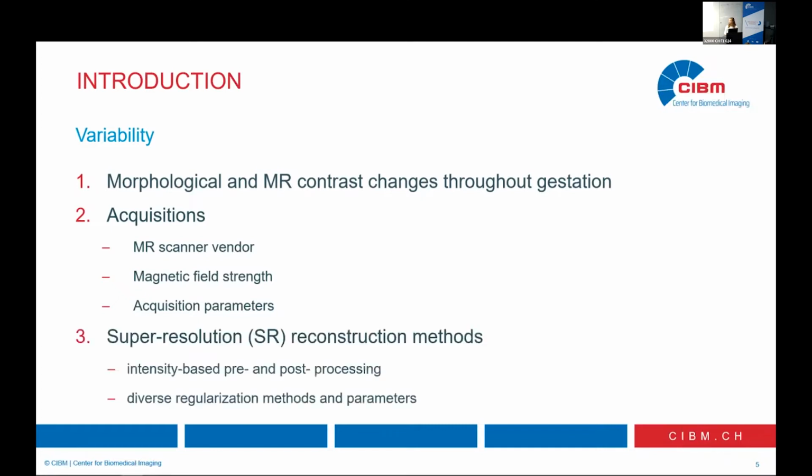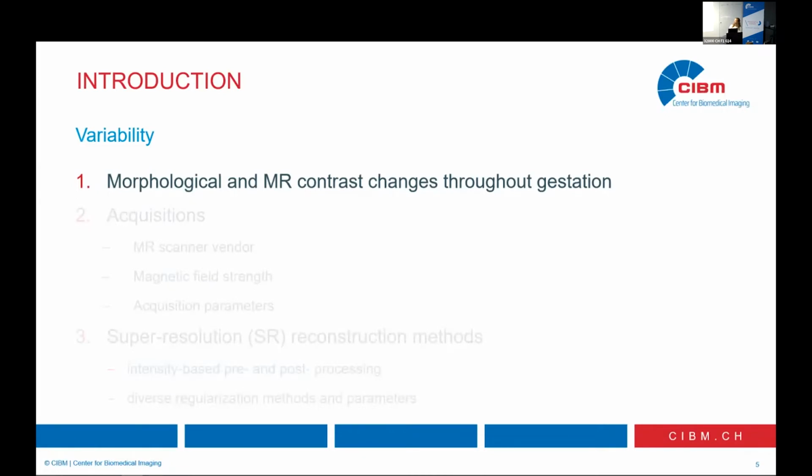And finally, we also have variability that comes from the post-processing methods, which are intensity based on the images and brings in variation between different reconstruction methods. So in this presentation, we will restrict our work to the first variability, as we have images that are all from the same data set and with the same reconstruction methods.